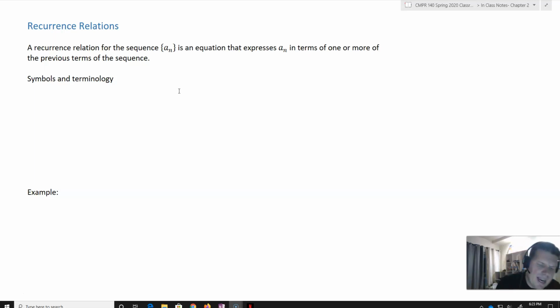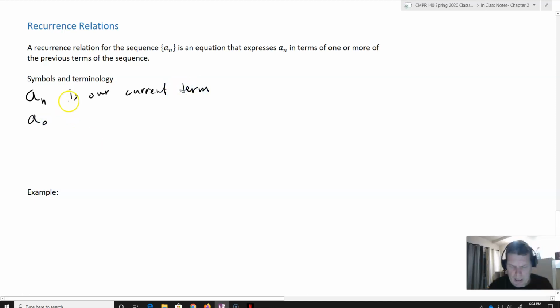So we've got a_n, our current term. a_0 generally is the first term or the initial term of the sequence. So that's another way to look at that.